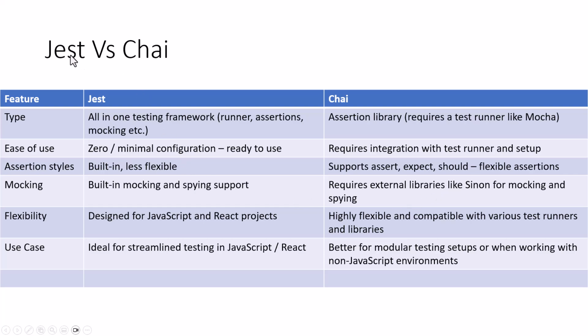Now, Jest, since it was created by Facebook to test React projects, is designed for JavaScript projects. Whereas if you are going to be using anything other than JavaScript, then you have to go to Chai and other libraries.